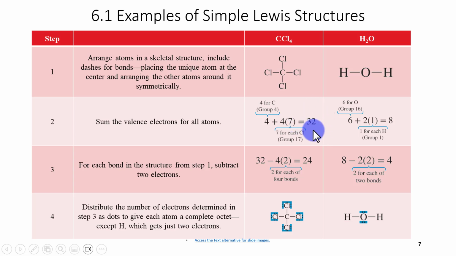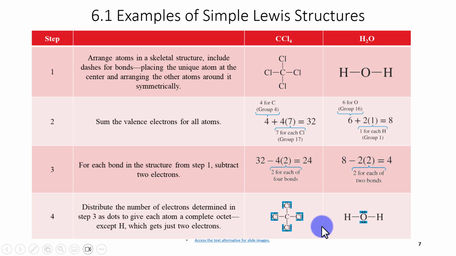Now let's count to see if I have used up all 32 electrons. 6 for each chlorine, multiplied by 4, that gives me 24, plus 2, 26, 28, 30, 32. So I've used up all of my valence electrons.